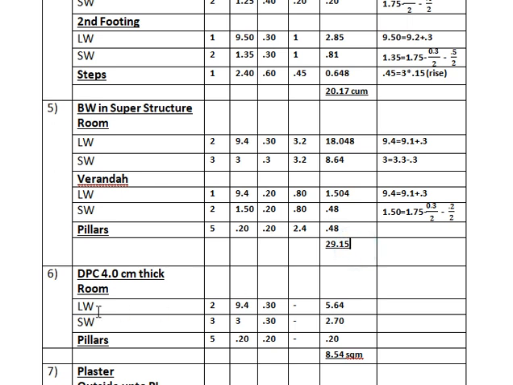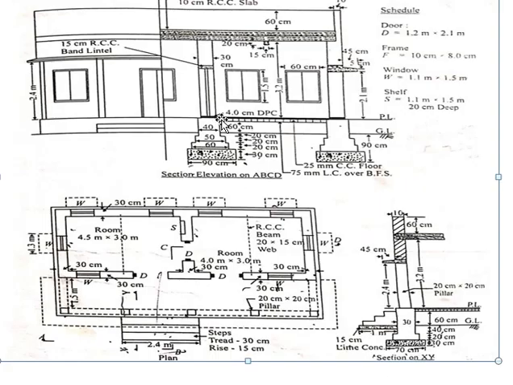Now talking about the DPC for the long wall and short wall, we have 2 and 3 respectively. You know how to calculate this length, 9.4. Now we have taken the width as 0.30 only because in the question it is given. As you can see here, the DPC is not provided for the entire 0.40. It is provided only for this portion, 0.30.